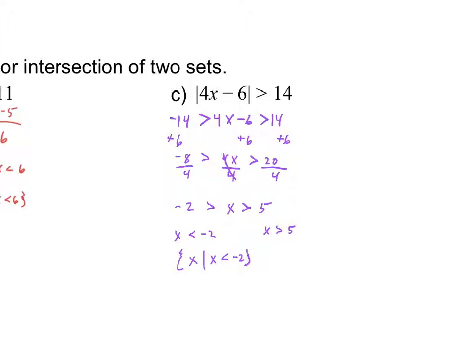Now here, one thing to consider from our previous example, this is going to be a union because it is greater than 14, so it's going to be moving away from zero. And then for all values of x such that x is greater than 5. So we should be able to identify it there.